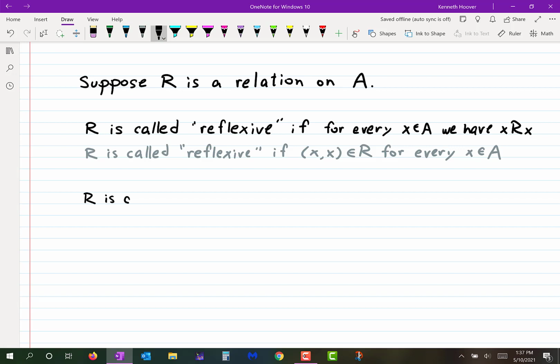All right, here's another adjective that a relation might have. R is called symmetric if x being related to y implies that y is also related to x.